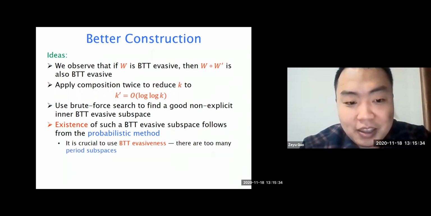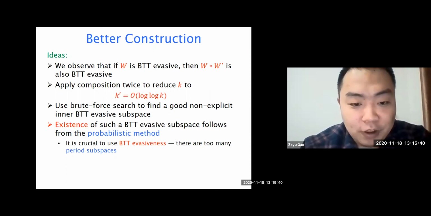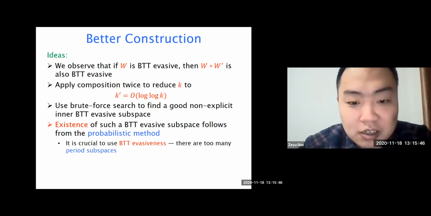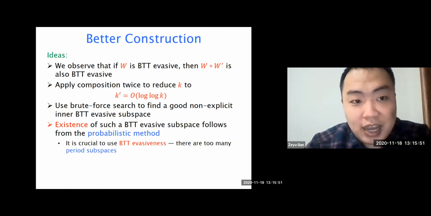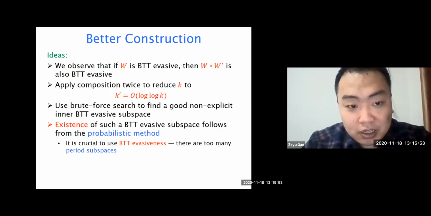You have to count how many subspaces there are. For periodic subspace, there are too many, but because we use the finer notion of BTT subspace, there are not that many subspaces we need to count. So this guarantees the existence. So this is the idea for the better construction.